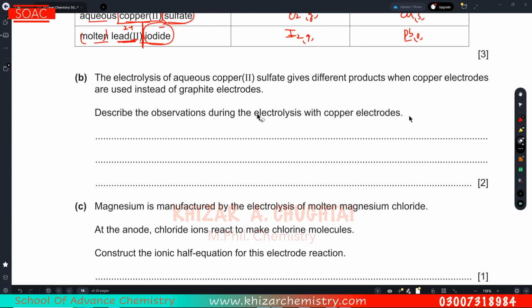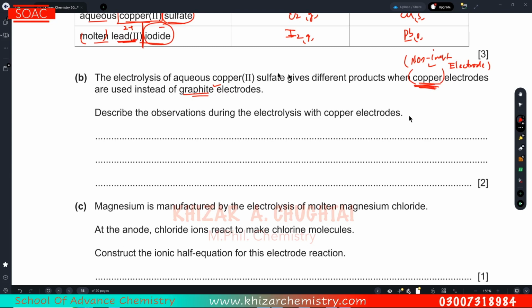B. Electrolysis of aqueous copper 2 sulfate gives different products when copper electrodes are used instead of graphite. So this time we are using copper electrodes. These are non-inert electrodes; graphite electrodes were inert. In case of non-inert electrodes, the anode is dissolved.